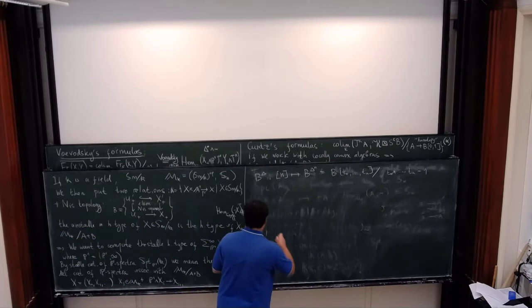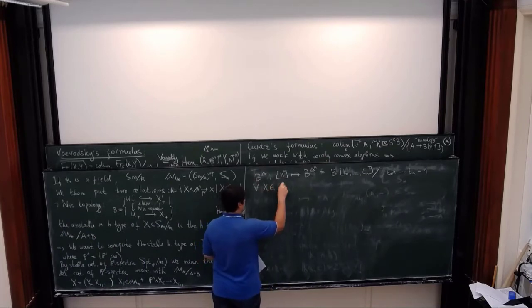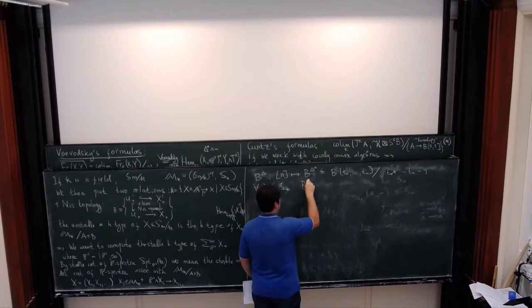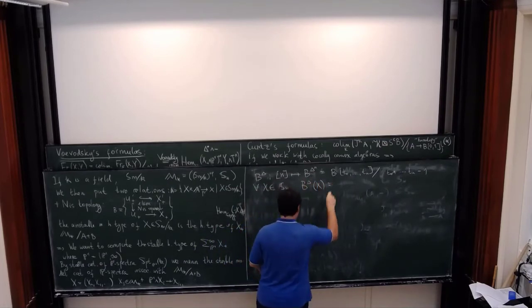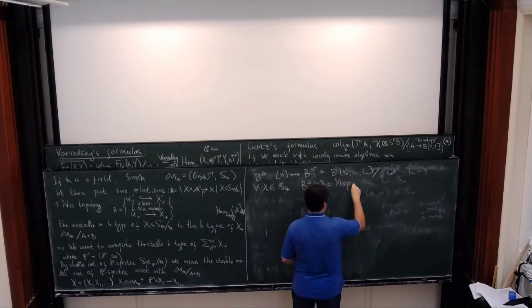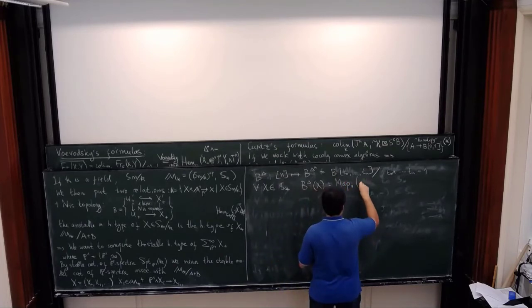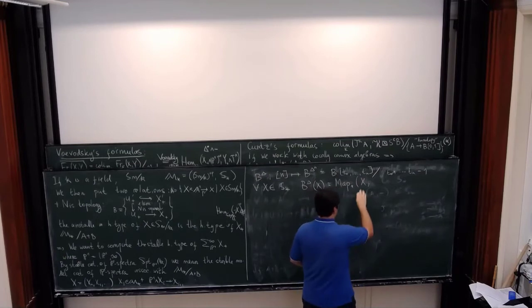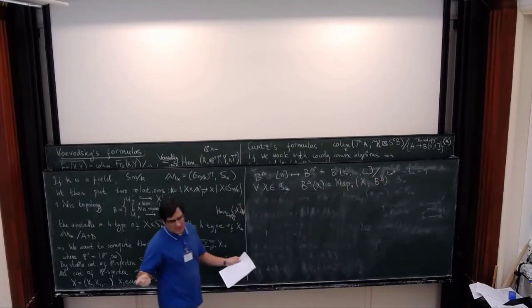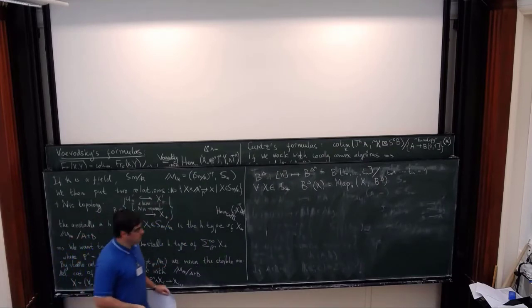Next, for any pointed simplicial set X, I denote by B delta of X the mapping space of simplicial sets. This is a simplicial algebra again.